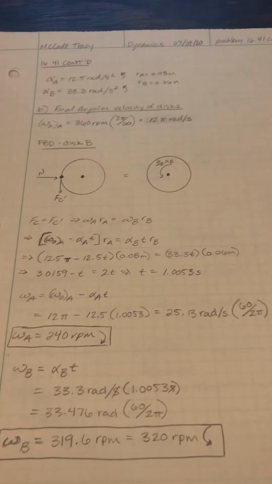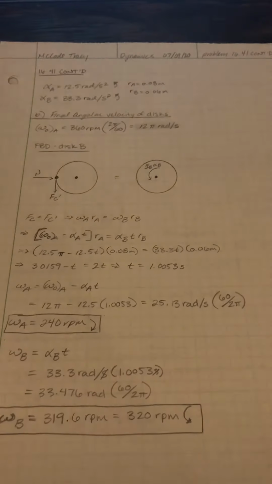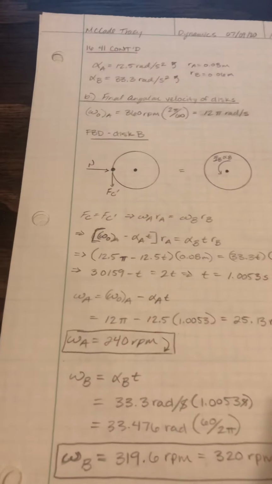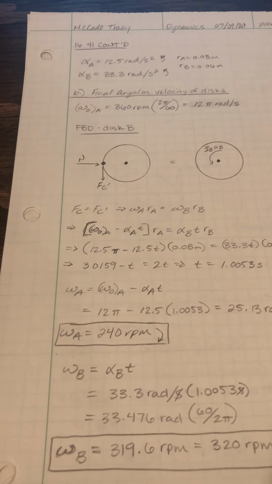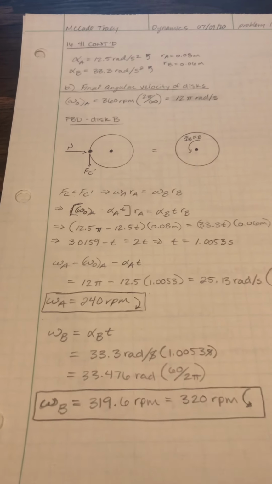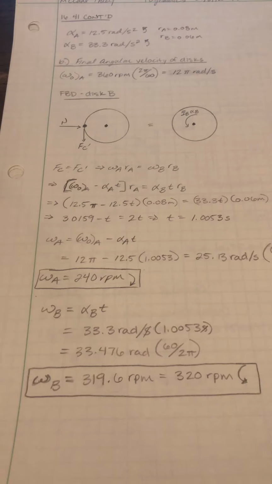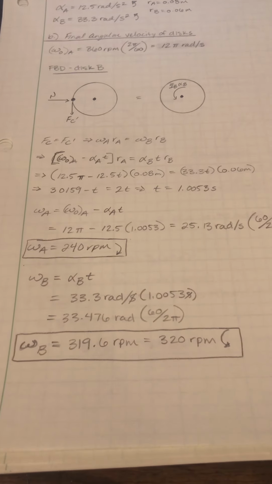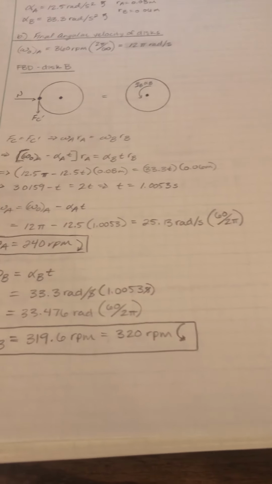Then converting that back to RPMs as it was initially, we multiply that by 60 over 2 pi, and we get omega A is equal to 240 RPMs in a clockwise direction. Similarly, we do the same thing for omega B, and we find that omega B is equal to 320 RPM in the counterclockwise direction.